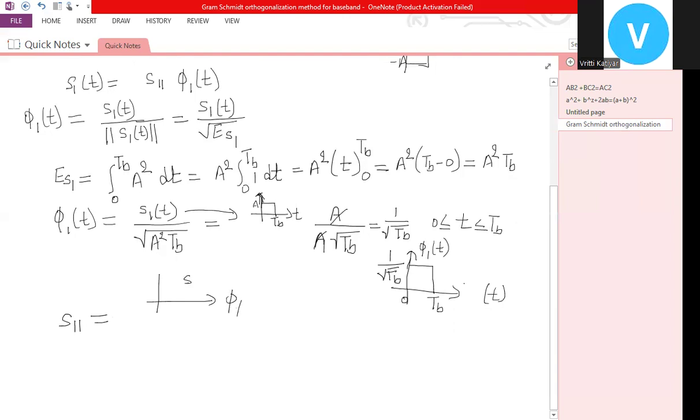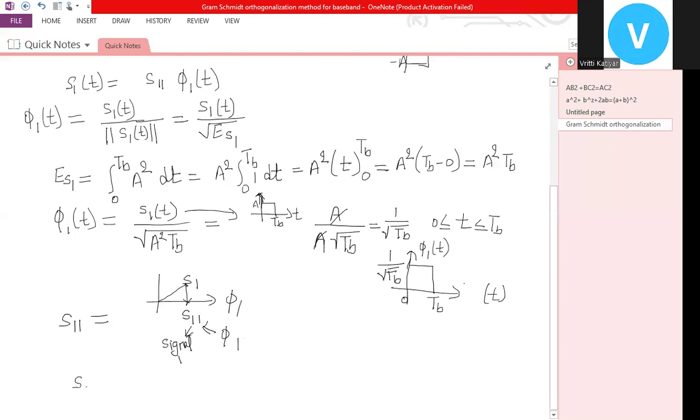If this is the S1 signal, this is a vector, and the projection of this on phi1 is called S11, where the first 1 is for the signal S1 and the second 1 is for the orthonormal basis function phi1.